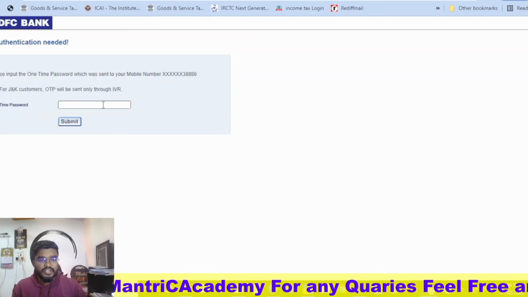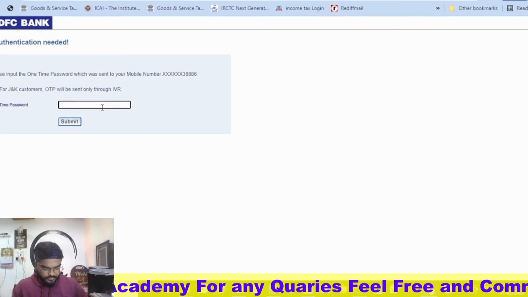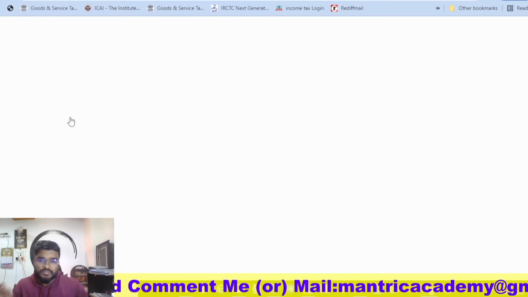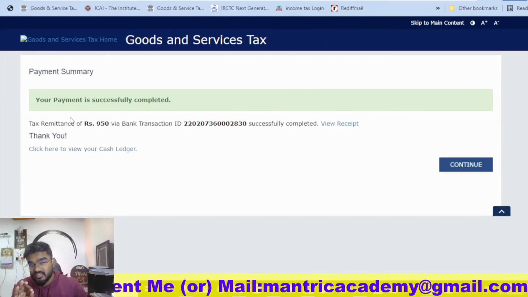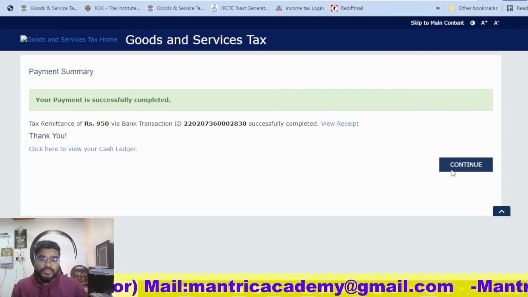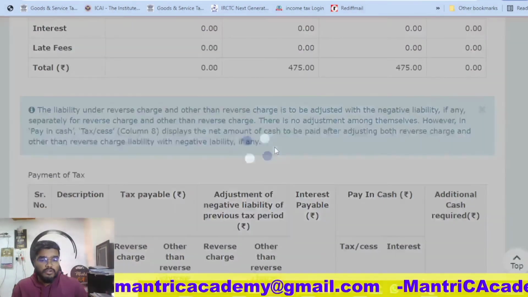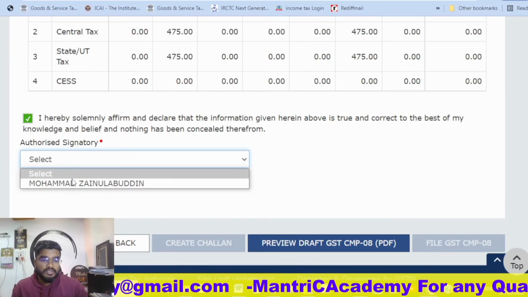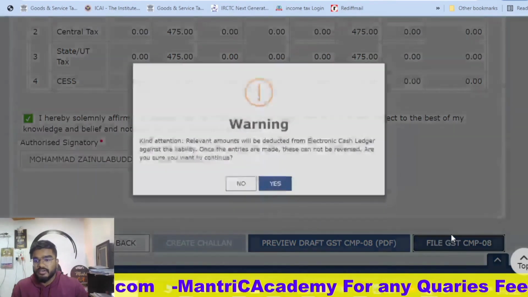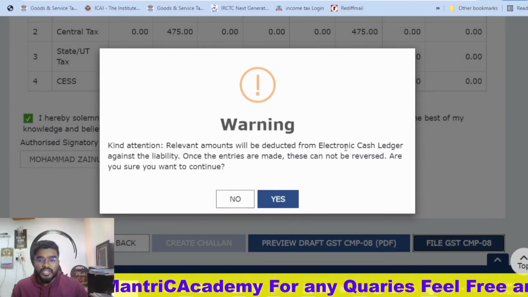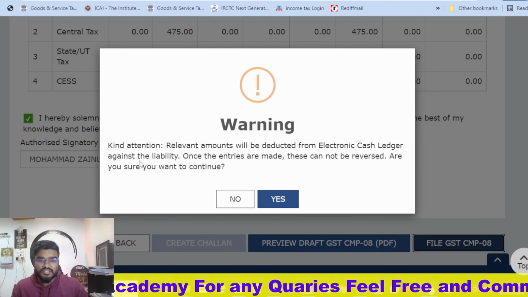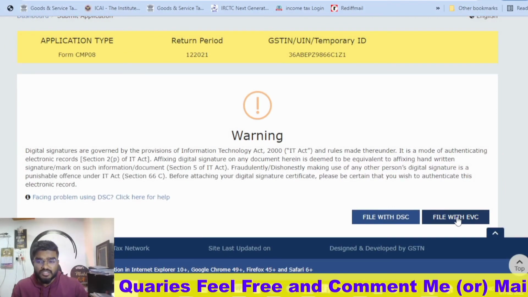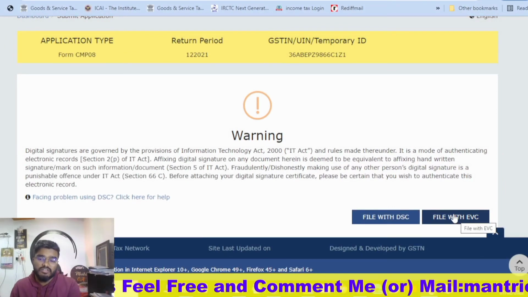The amount will automatically be deducted after entering the OTP. After making a successful payment, it goes directly to the summary. Continue. After payment, the checkbox will open; select the person and file the return. It will be deducted from the electronic cash ledger.